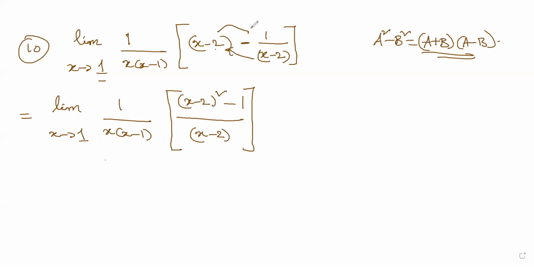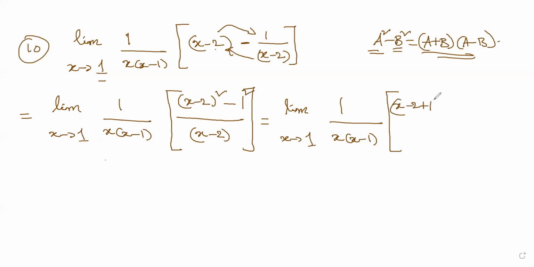Now, limit x tends to 1, 1 by x into x minus 1. So I use this one, a square minus b square. I'll write it as 1 square, so I can write it as a plus b, that is x minus 2 plus 1 into x minus 2 minus 1.